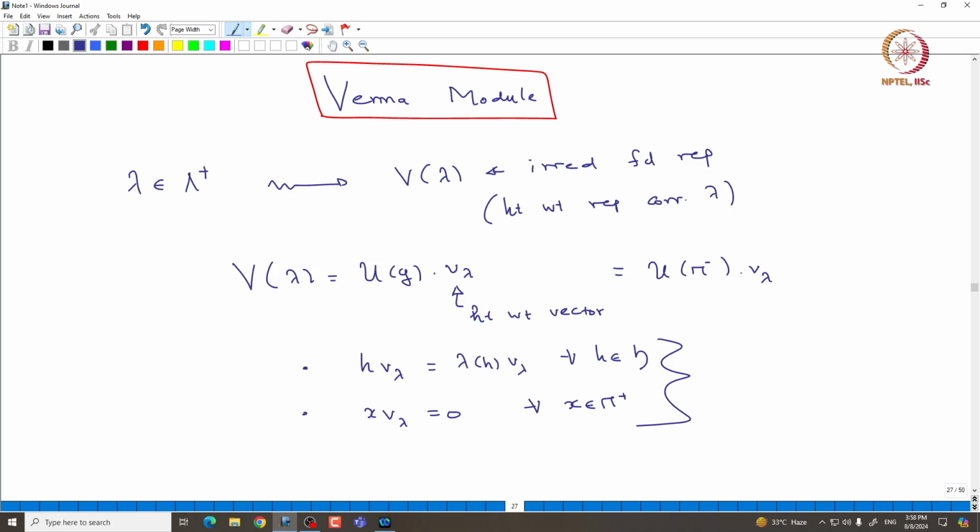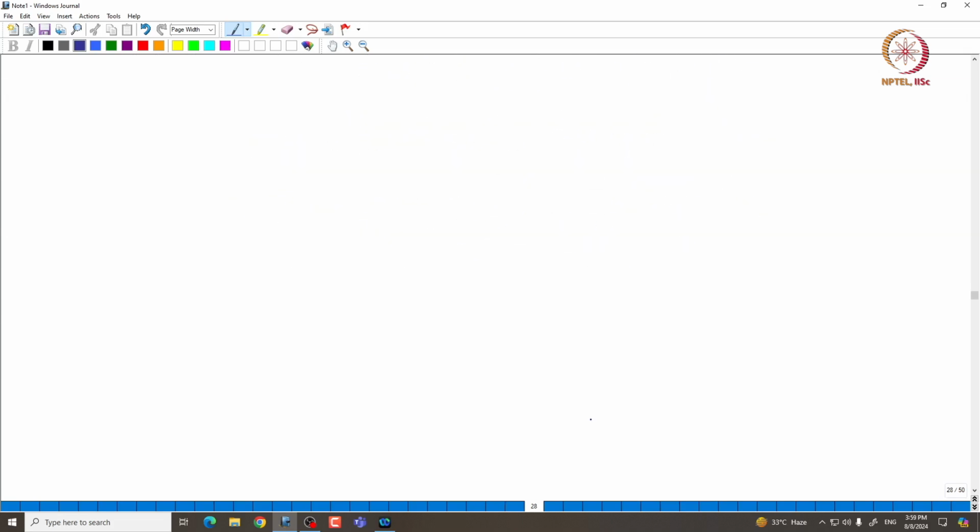So, can we use this to construct, universally, some highest weight representation? Basically you just demand that your representation has these two properties. So, it is a cyclic representation generated by some highest weight vector v. That is what we want to construct. How do we go about it?